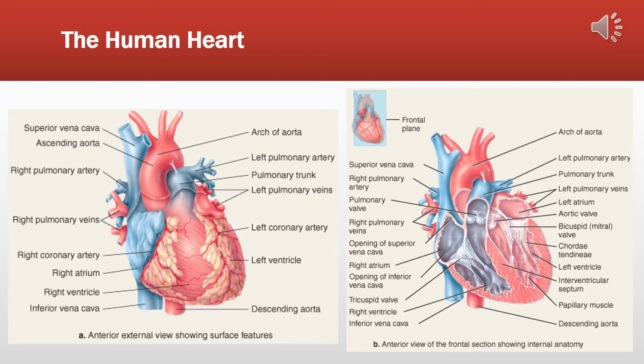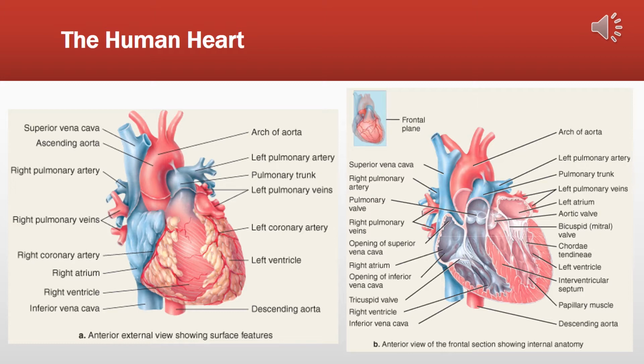And of course, at the top of the heart in red is the aorta, which connects to the left ventricle. And then in blue is the vena cava, and this is over towards the right of the heart, our left. And the vena cava actually connects to the right atrium from both the top and bottom.